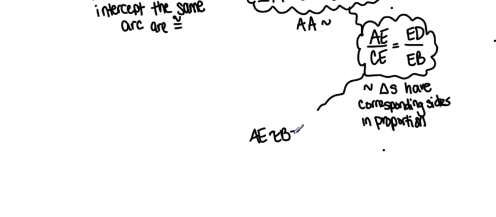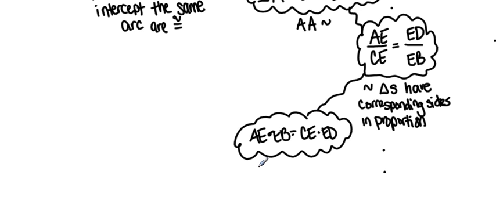So the product going in one direction has to be equal to the product going in the opposite direction. You can be fancy and say the product of the means is equal to the product of the extremes. I'm going to keep it simple with what you're familiar with and just say cross multiplication.